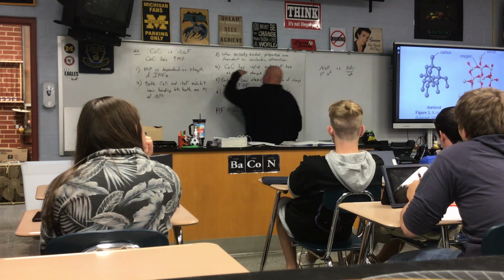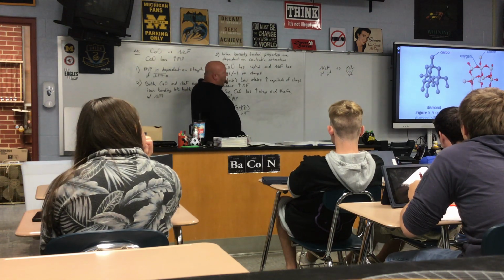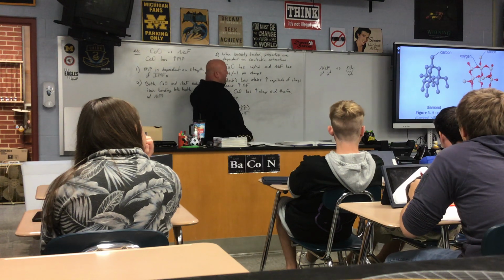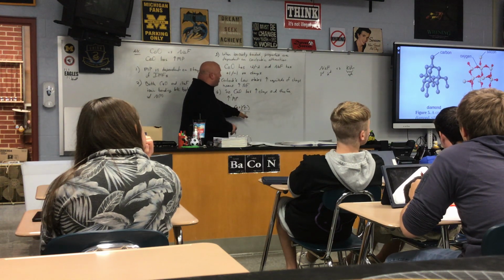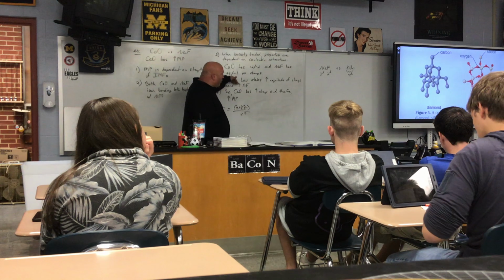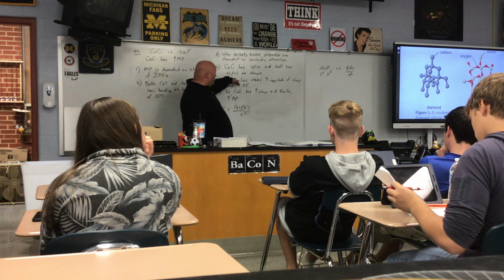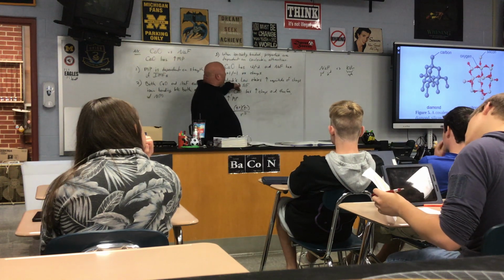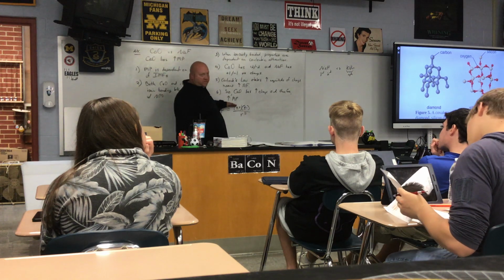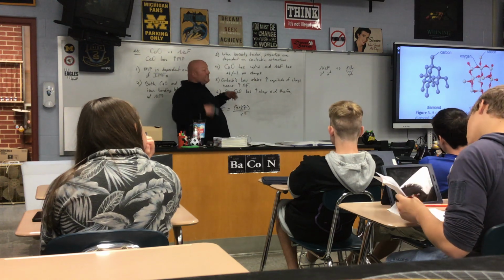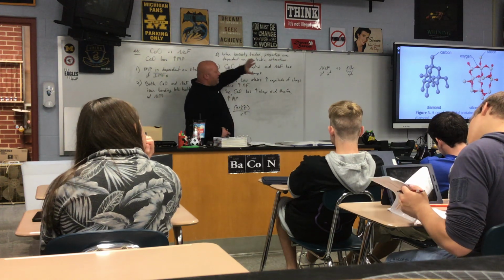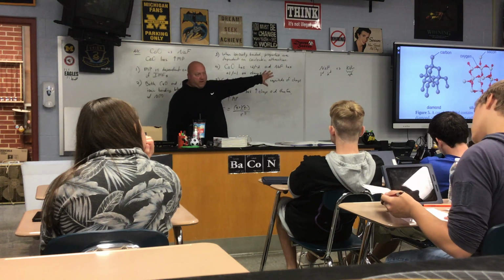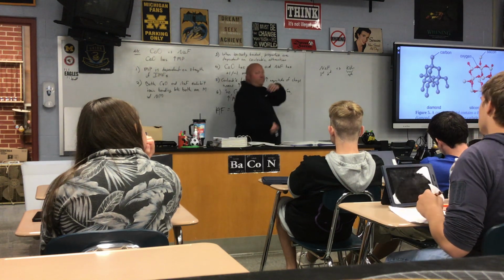So since sodium and fluorine are both smaller ions than K and Br, they would have a smaller radius and therefore higher attractive force. Therefore, NaF would have a higher melting point. Does that make sense? Same formula, we're just using the information at hand. Okay? Are you okay? You caught up? All right.